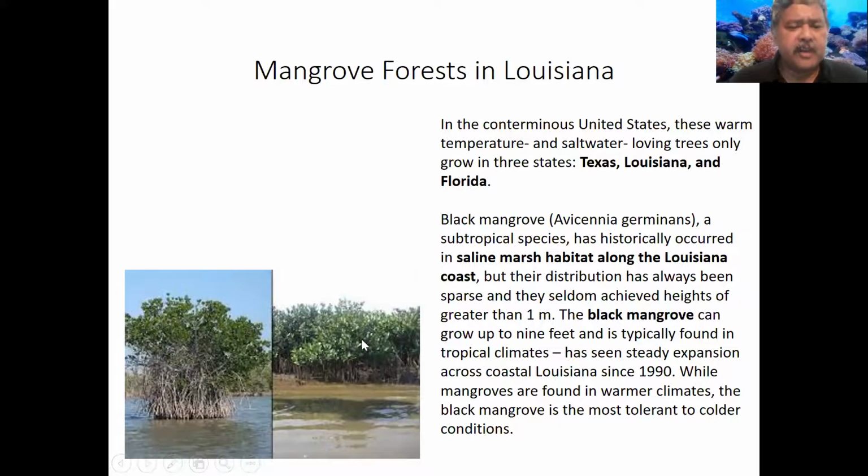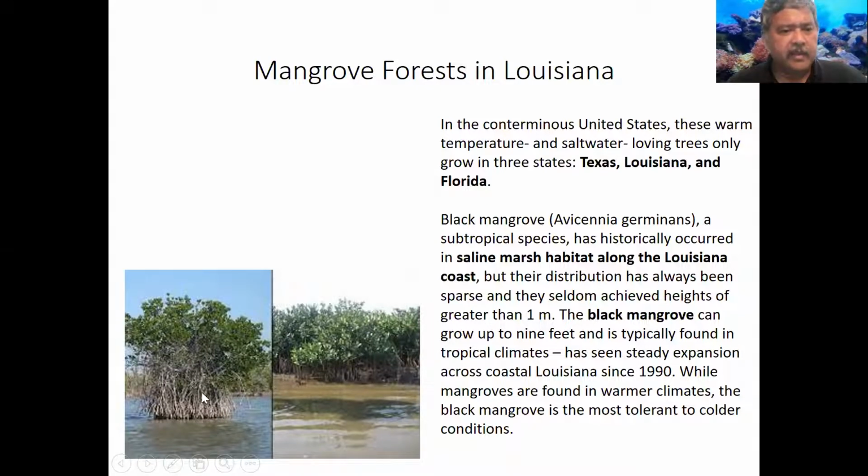Here's the mangrove trees here. This is called the black mangrove, and this is typically seen off of Louisiana's coast, and even lately, the past 15, 20 years, where they weren't actually that common, but now they seem to be taking over this area and growing much taller.